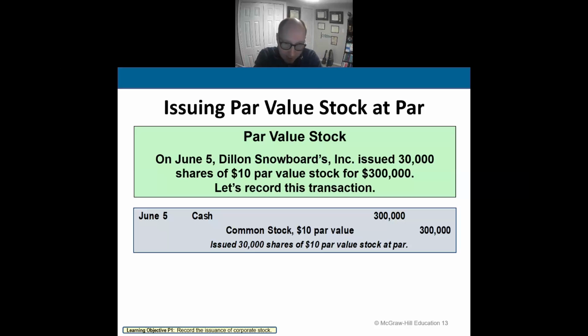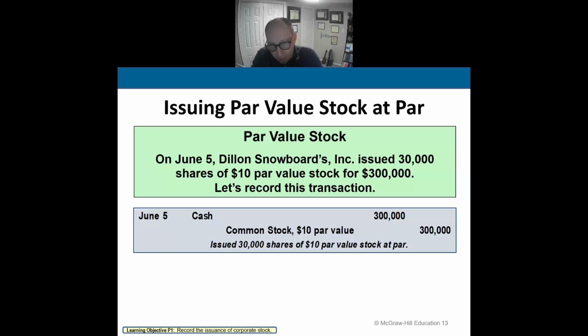Because remember, assets equals liabilities plus equity. That needs to always be in balance. If cash is going up, something else must be happening to the equity account or to the liabilities. So here's an example of when a company issues some stock. A new snowboard company decides to issue 30,000 shares of stock at $10 par value for 300 grand. 30,000 times 10 is 300,000.